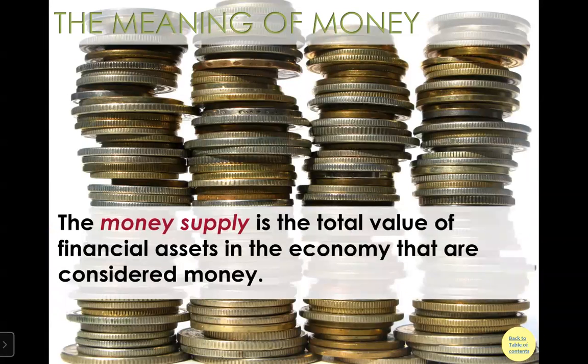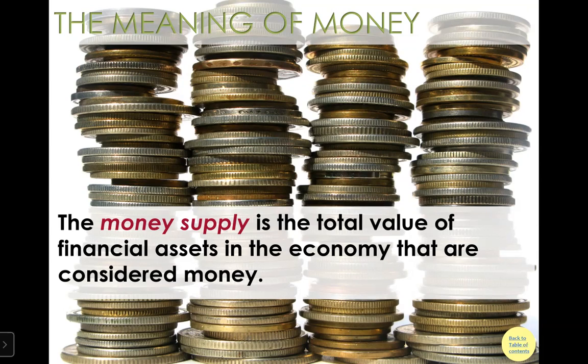And the money supply is the total value of financial assets in the economy that are considered as money. But then the key here is what is money, right? Earlier in the previous slides, we said money is any asset that can be easily used to purchase goods and services. We talked about three things. First, it is an asset.